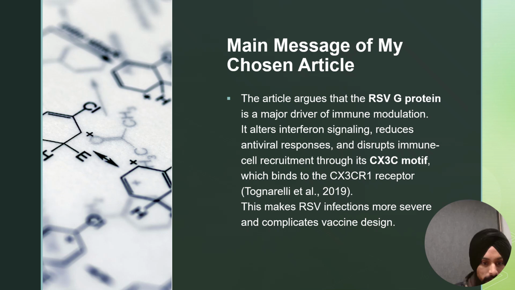It uses its CX3C motif to bind the human receptor called CX3CR1. Because of these features, the G protein can increase inflammation but also helps RSV avoid being cleared. The article suggested this can make RSV disease worse and complicate vaccine design.